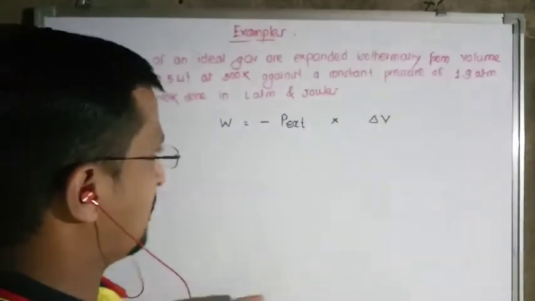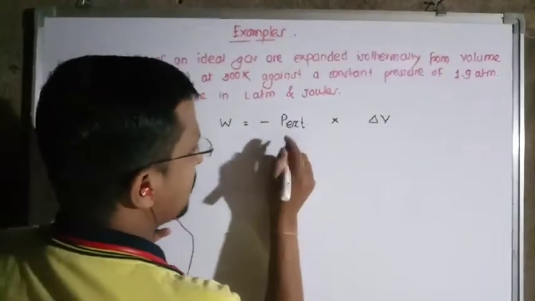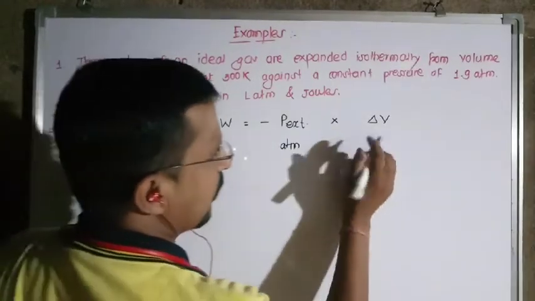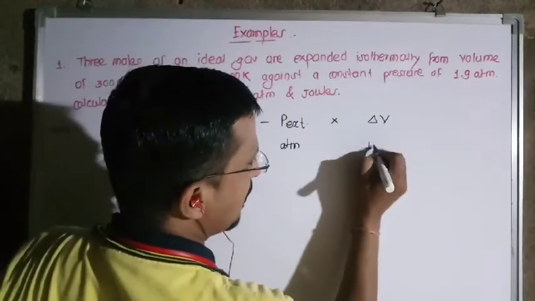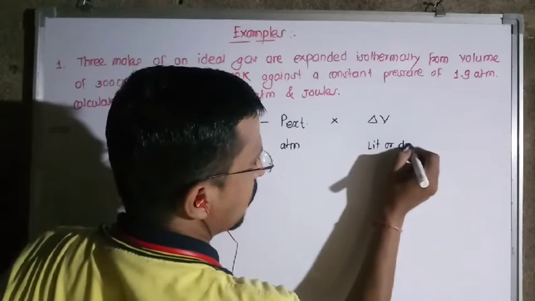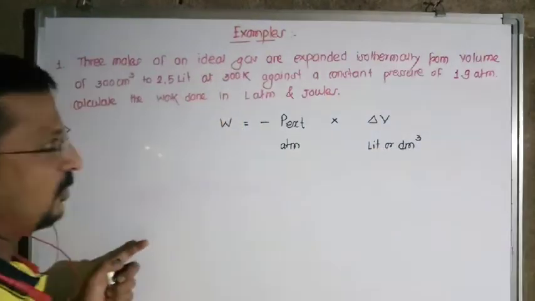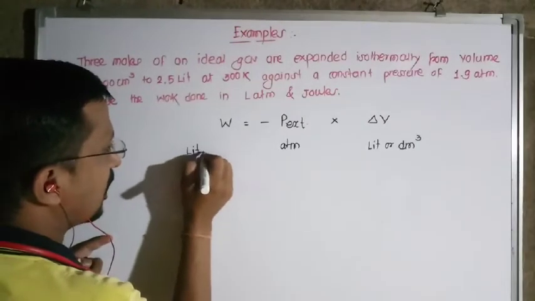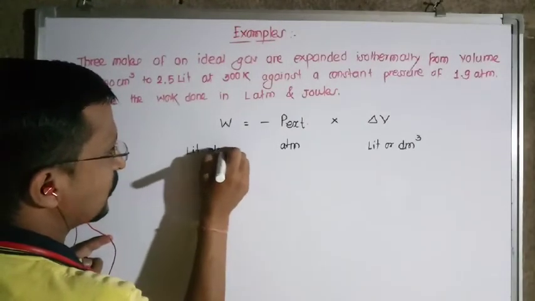Now, in this case, if pressure is expressed in atmosphere and volume is expressed in liter or dm cube, then work is always obtained in liter atmosphere.